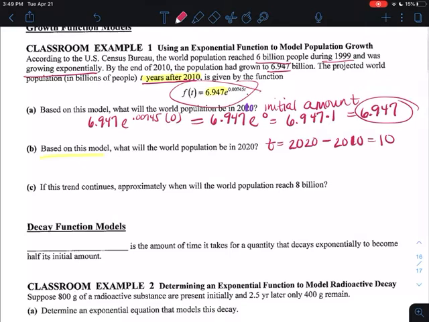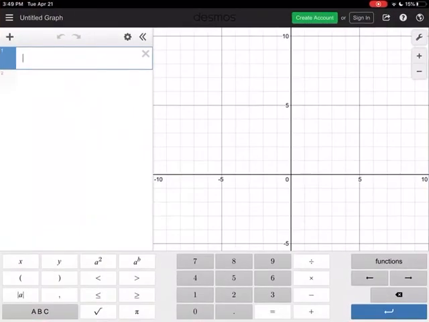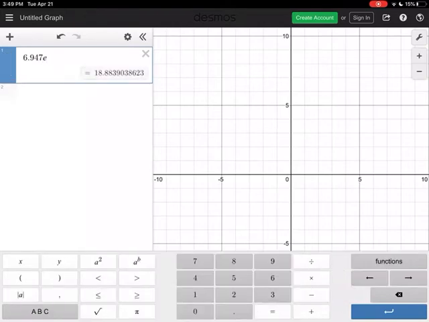So what would the world population be in 2020? It's 6.947 e to the 0.00745, and then my t value is 10. I'm going to put this right into my calculator to get that final answer. So 6.947, then you have your e, so go to your keyboard, e.